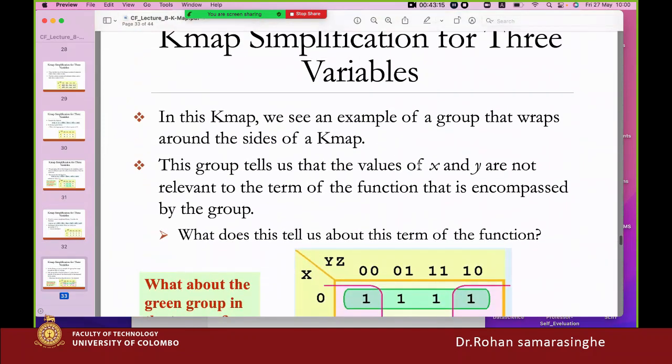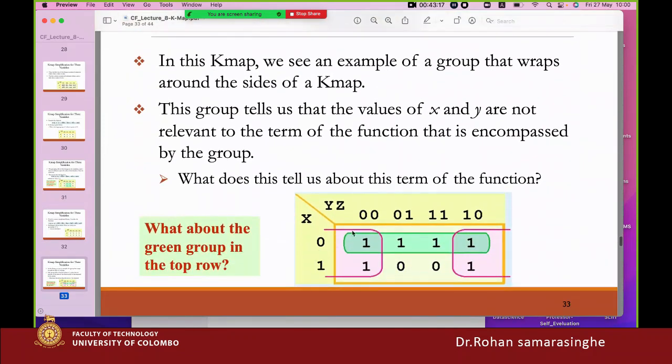And here when you group, you can wrap around the table and create this one. Overlapping is not a problem.